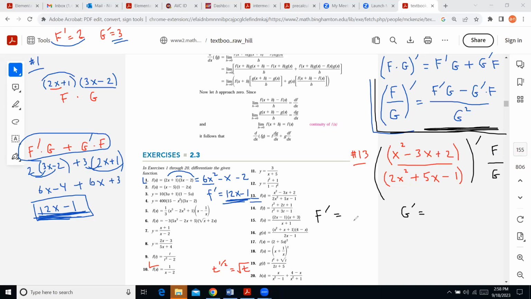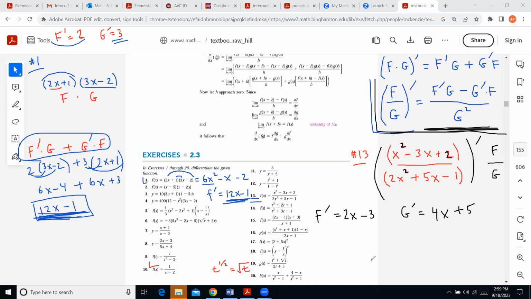So the derivative of the numerator will be 2x, right? The derivative of x squared, the 2 goes on the ground, and minus 3, because the derivative of x is 1. And of course, that constant number 2 gives us 0 when you differentiate. For the denominator, I have to multiply the power of 2 by that 2 in front, so this will be 4x, and also plus 5.